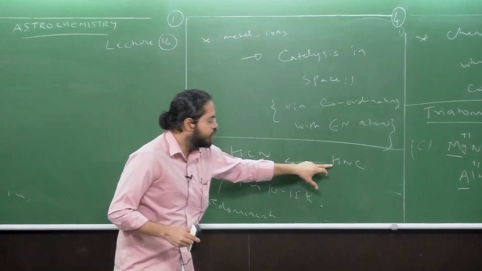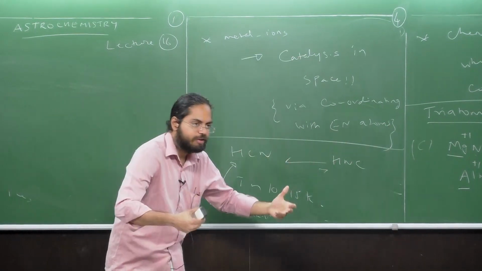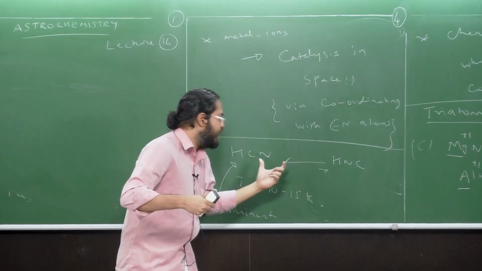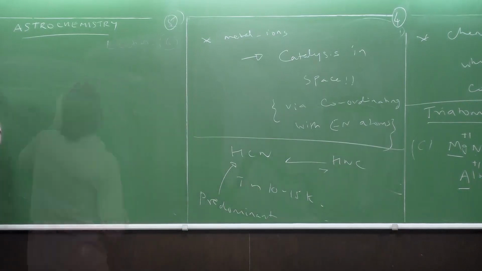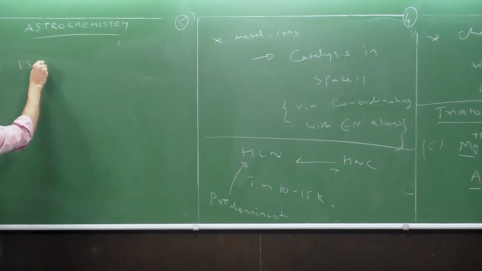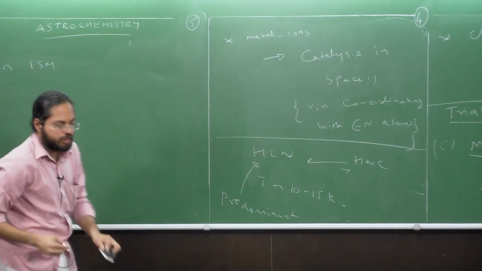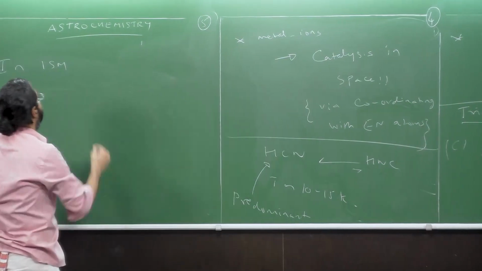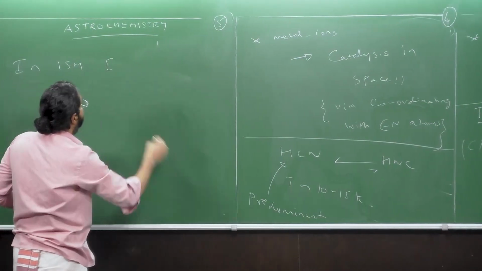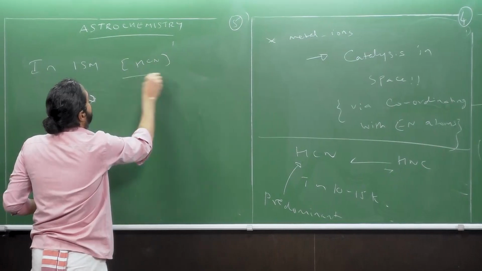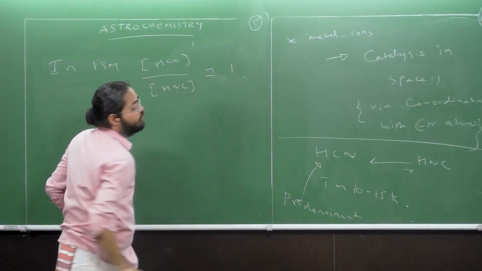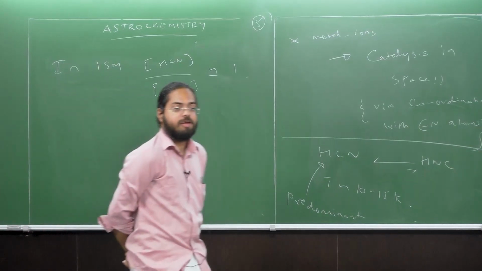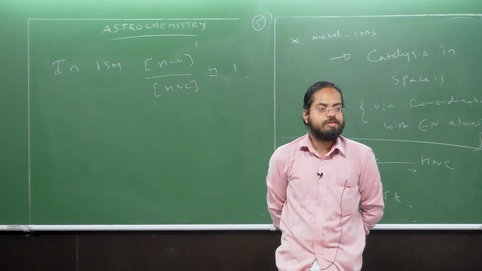Is the equilibrium actually going to be reversed, or will the magnitudes of HCN and HNC be more or less the same? In the ISM, in the molecular clouds, the abundance ratio of HCN and HNC was found to be close to 1. Now, isn't that a surprise?